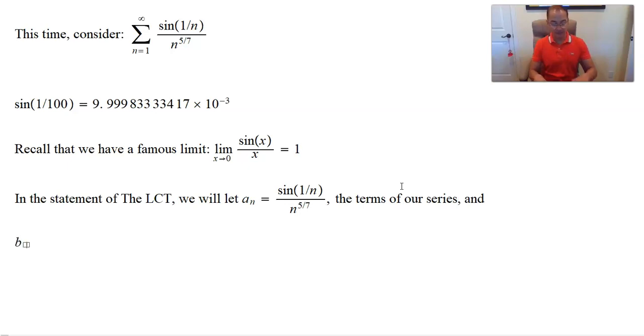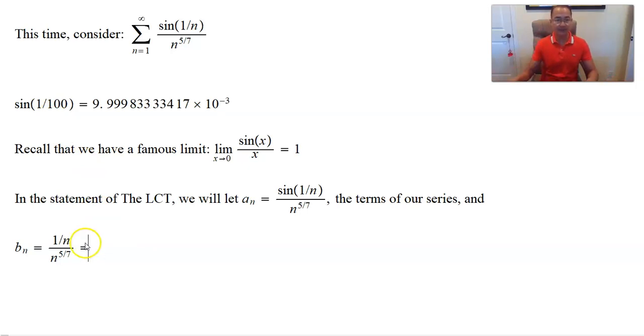And we will let b sub n be, instead of sine of 1 over n, we will approximate sine of 1 over n with just 1 over n. Sine of 1 over 100 is very close to 1 over 100 itself. Okay, so this can be simplified.